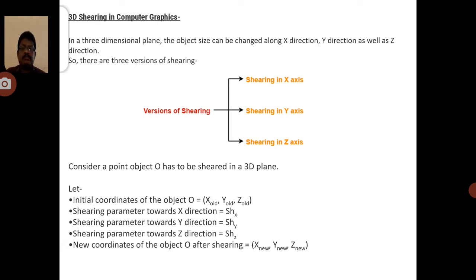In shearing, the shearing parameter towards the x axis is different, the shearing parameter towards the y axis is different, and the shearing parameter towards the z axis is different. So here you can observe the shearing parameter towards the x axis is denoted by SHX.